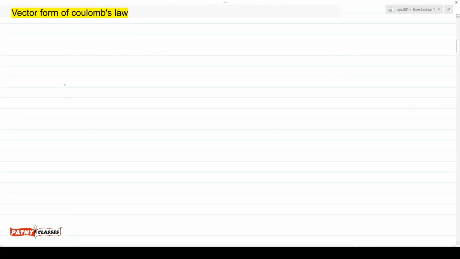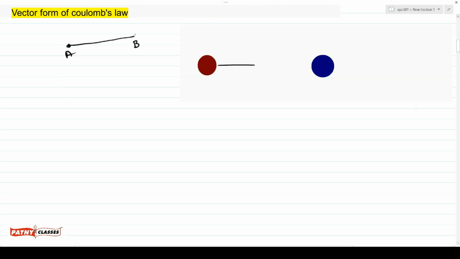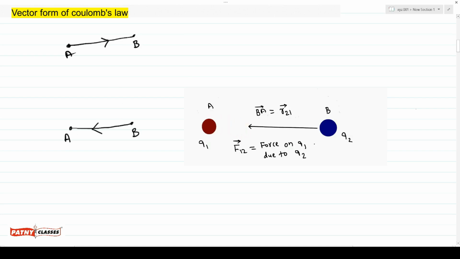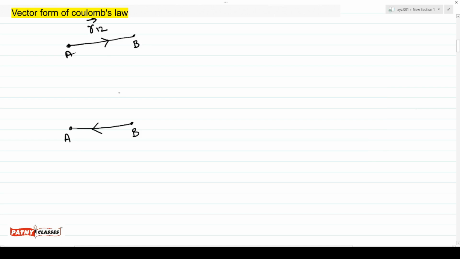So we have vector A to B, which is vector AB, and the second one, vector BA. Vector AB is what we have taken as vector R12, and vector BA is what we have taken as vector R21.